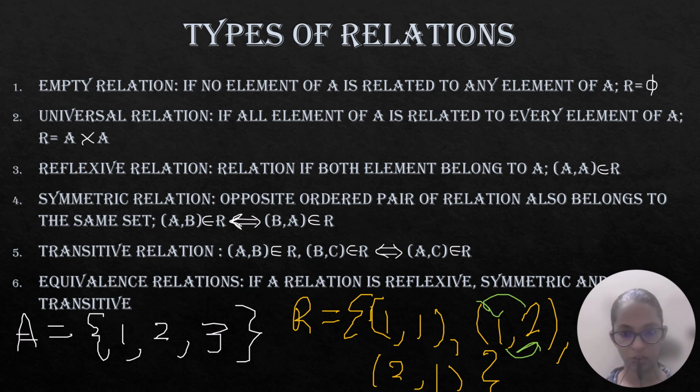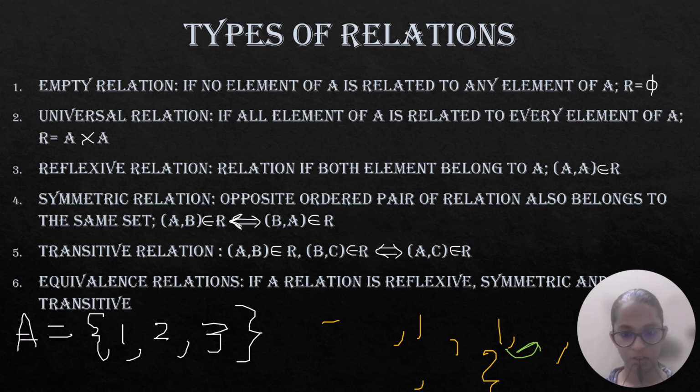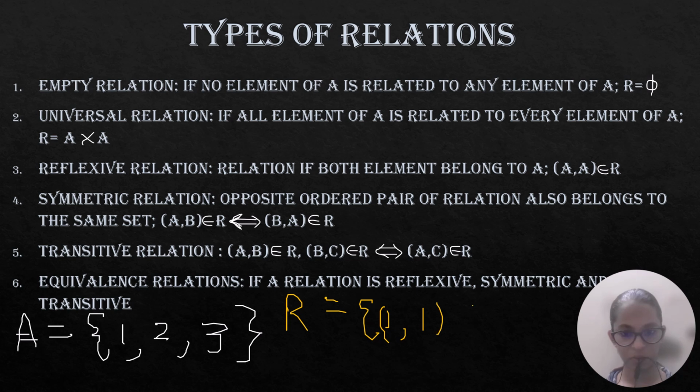Now it's time for transitive. Let's say R is 1, comma 1, and 1, comma 2.